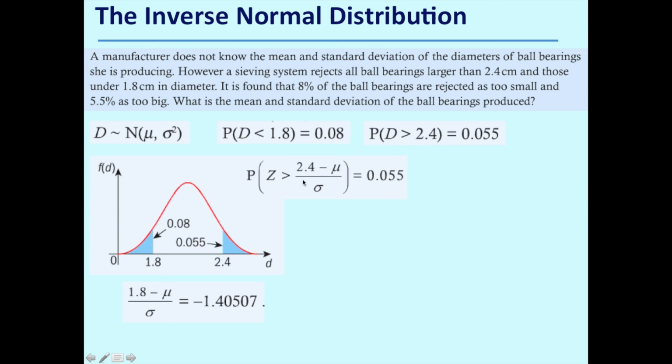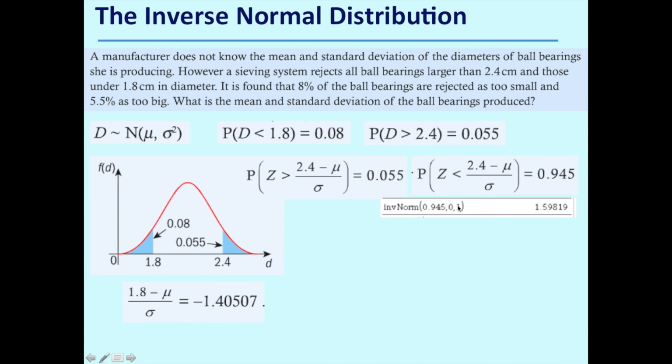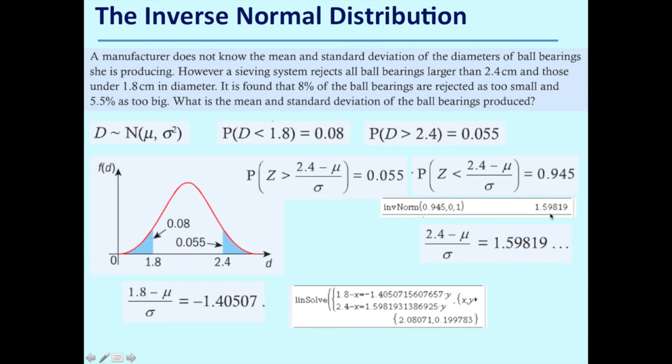Similarly, with the second equation, standardize the value, so 2.4 minus mu over sigma. We can find the probability that z is greater than this value using the inverse normal distribution. Again, remembering here that we want to take the area to the left, which is 0.945, and that gives us a value of 1.59.